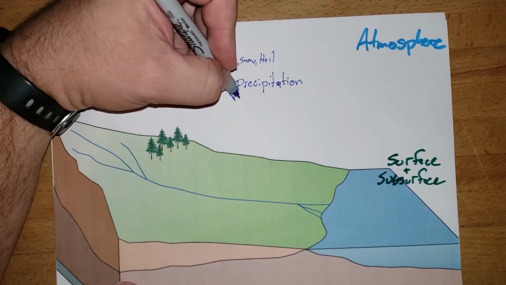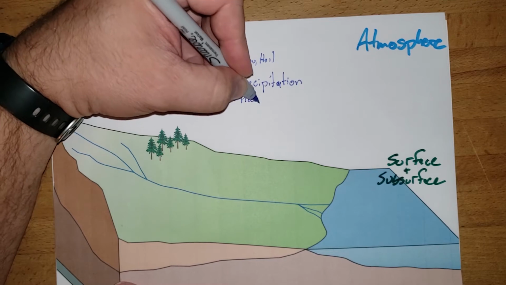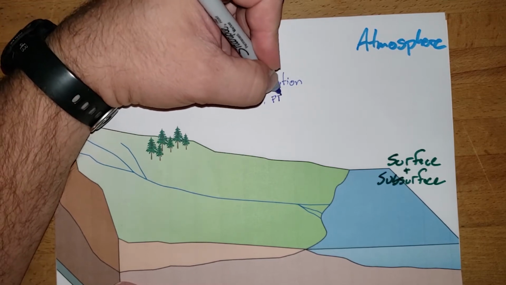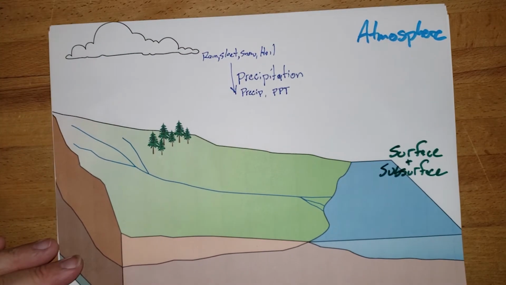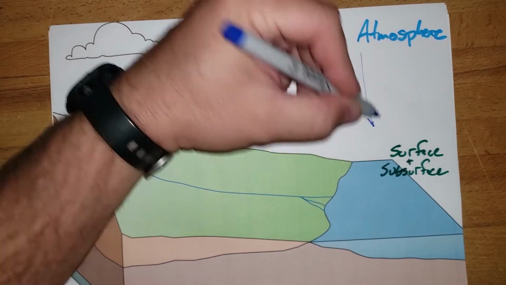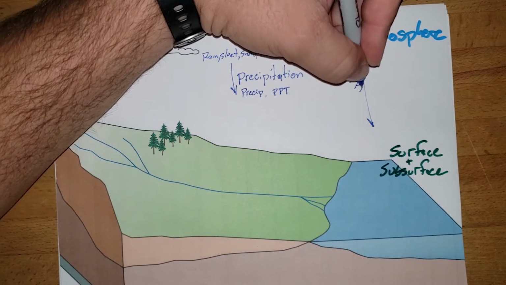Sometimes we'll say precip, and other times I'm going to abbreviate with PPT. That's going from the atmosphere down to the surface.